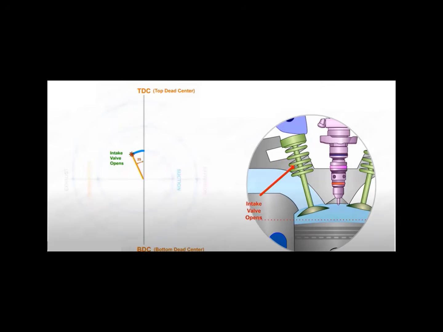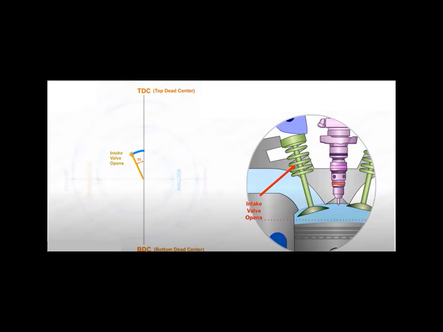At 25 degrees before top dead center in this example, again that number is not important, the intake valve opens. So the piston is still traveling up, but it's slowing down because it has to change directions and head back down the other way for the intake stroke. This is a great time to open the intake valve.